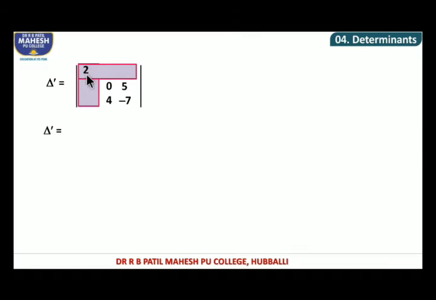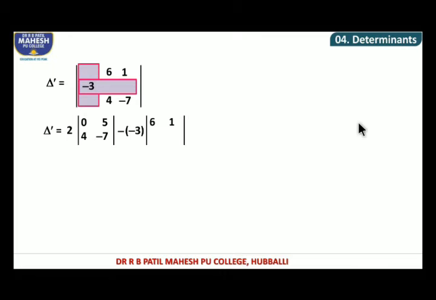Plus 2 into the determinant 0 5, 4 minus 7, and for the second element we have the sign minus. So minus of minus 3 into the determinant 6 1, 4 minus 7, and for the third element we have the sign plus, 5 into the determinant 6 1, 0 5.